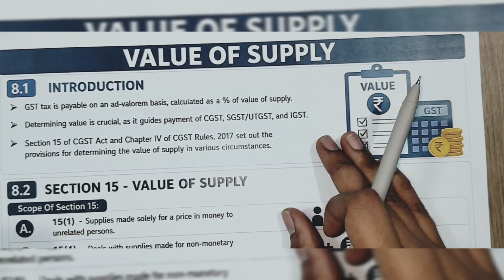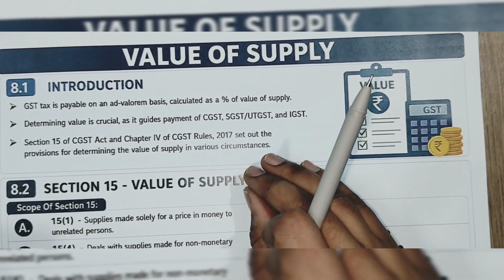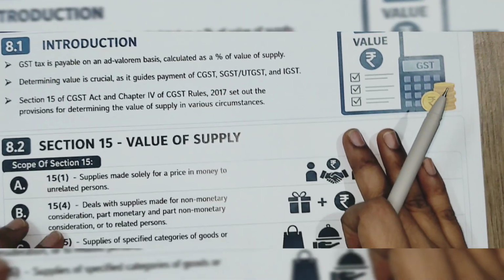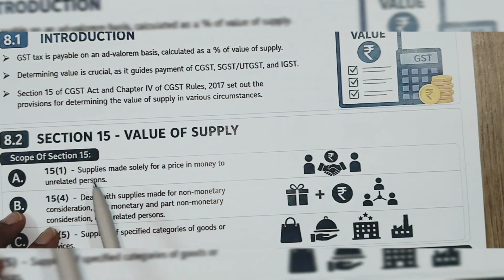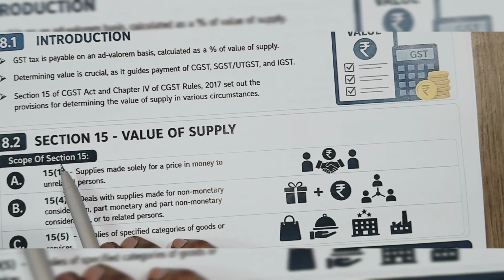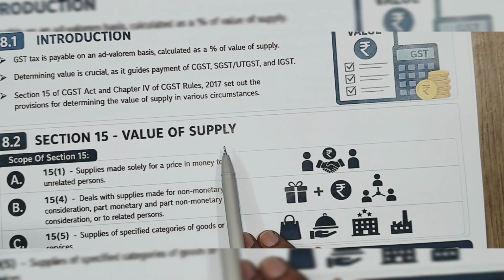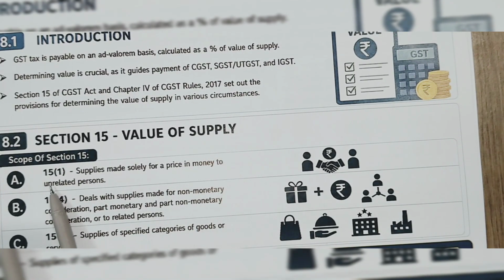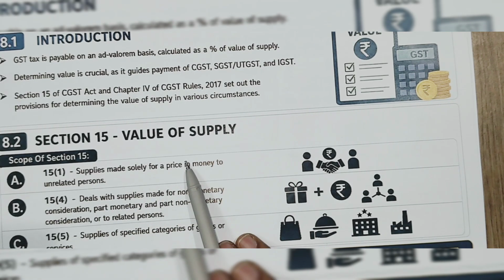If you see the overall structure of section 15 for the value of supply, we have section 15 subsection 1, subsection 4, subsection 5, and subsection 2 is also there.